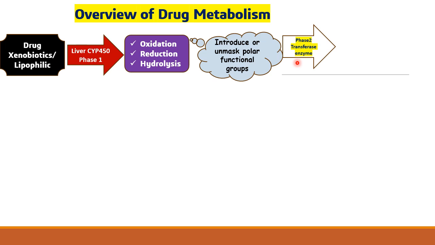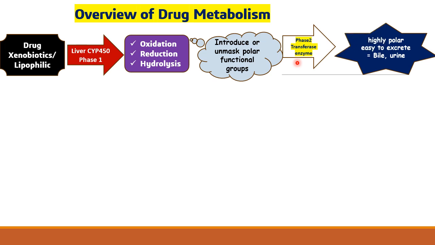Those reactions are facilitated by transferase enzymes. They are present mainly in the endoplasmic reticulum of liver cells and also in the intestinal walls. During phase 2 reactions, the drugs are converted into highly polar, ionizable, easily excretable species that can be excreted in the bile or urine.